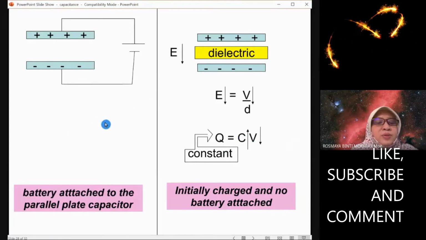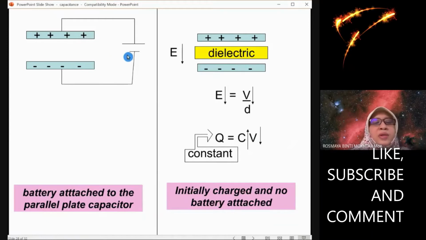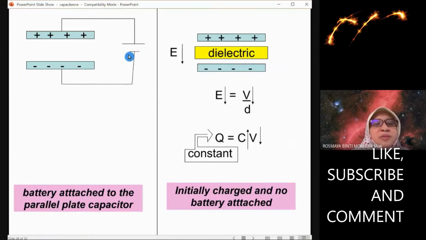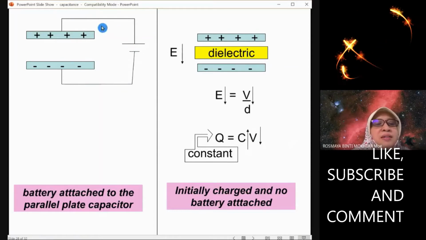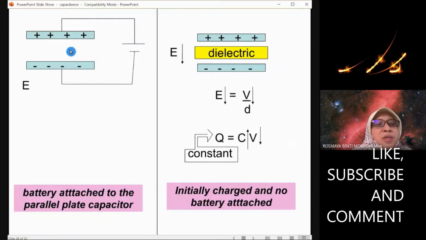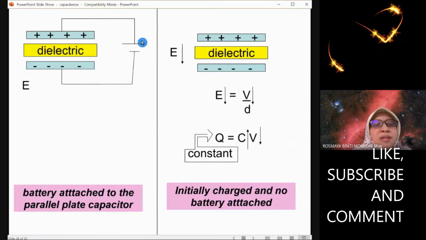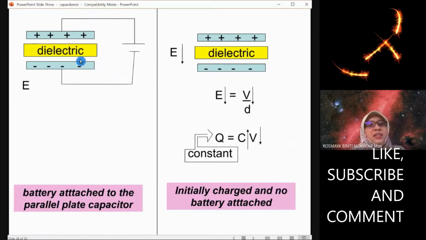Now we go to the other situation where we did not unattach the battery. The battery remains in the circuit. So this is the initial state. Then we insert the dielectric, where the battery is still attached to this capacitor.